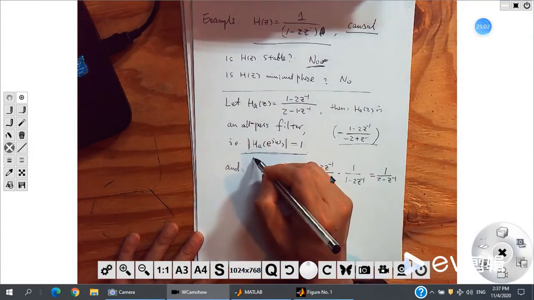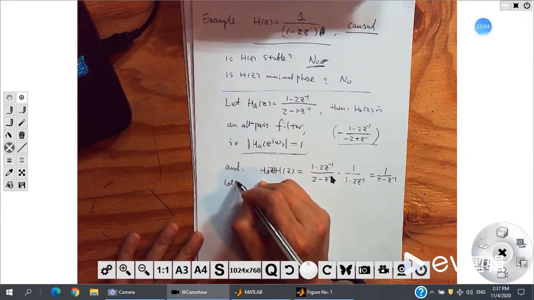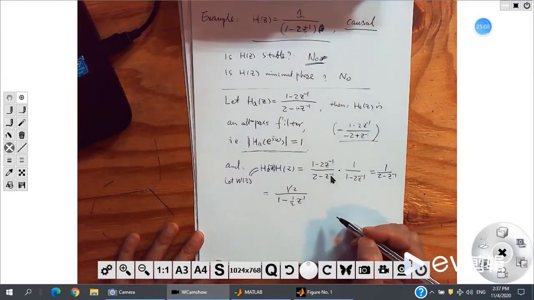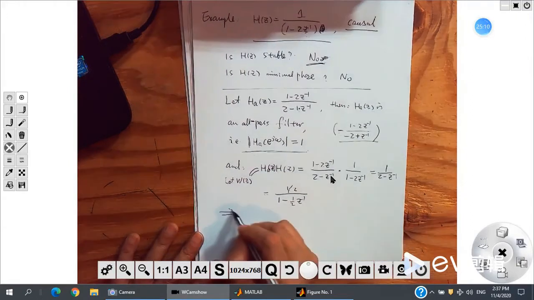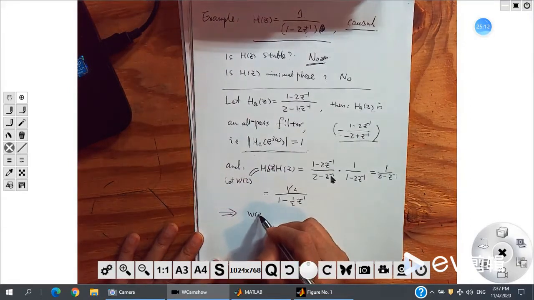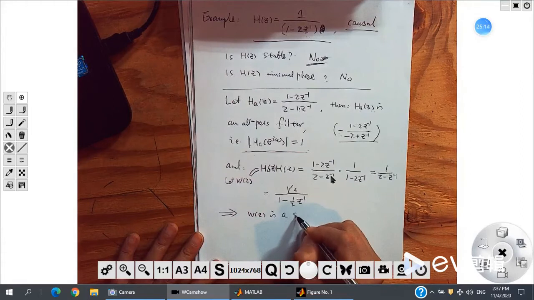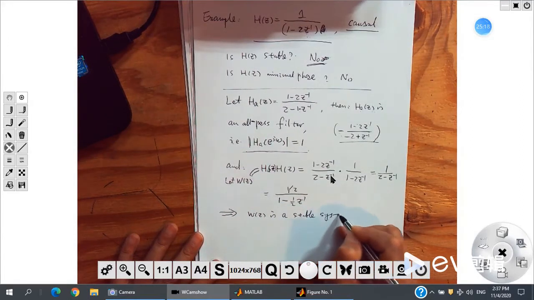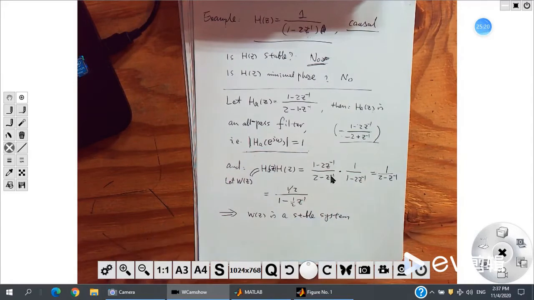So I can give a name. Let W of z equal to this. Then W of z is a stable system, as well as if we reverse it.